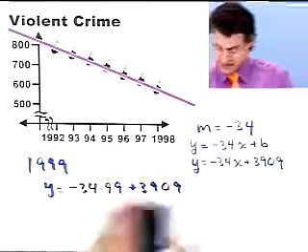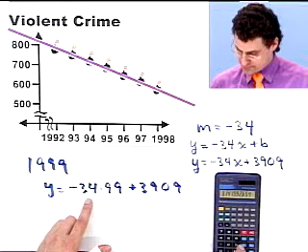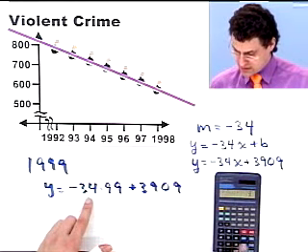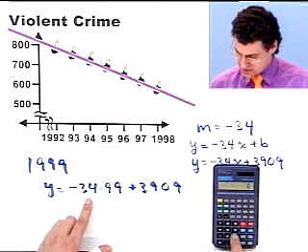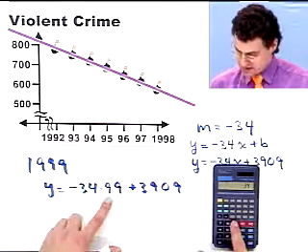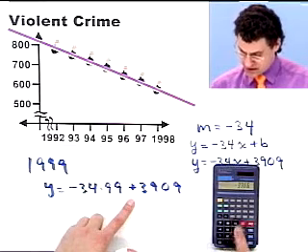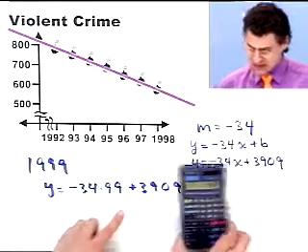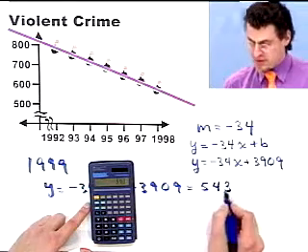Let's work that out. So I take minus 34 times 99, and then I add to that 3909, and I get 543 crimes.